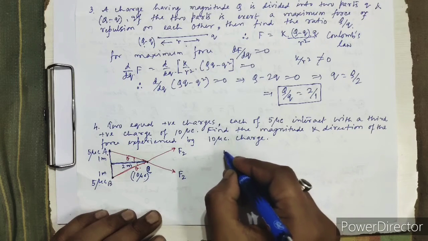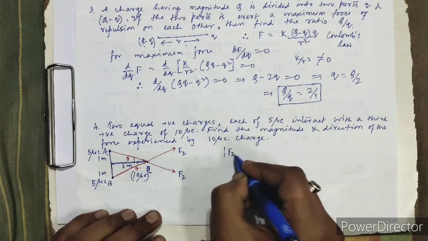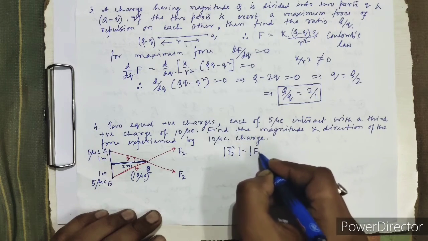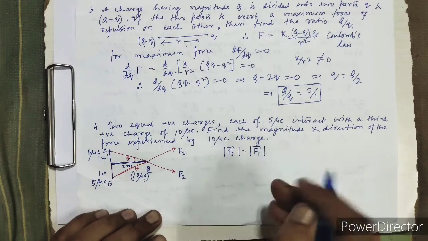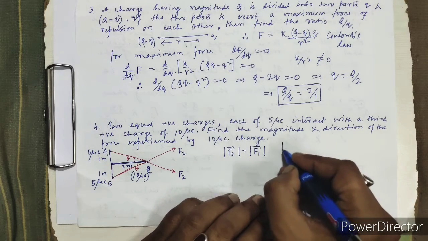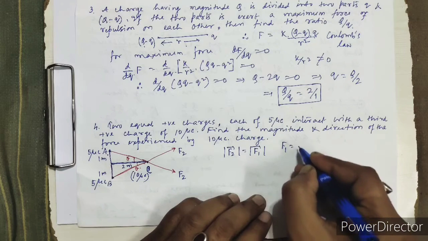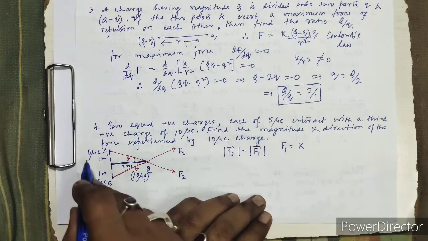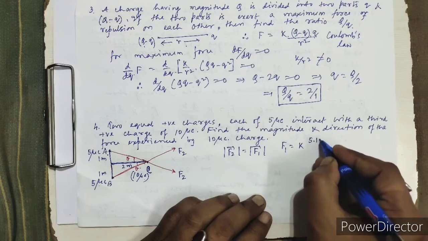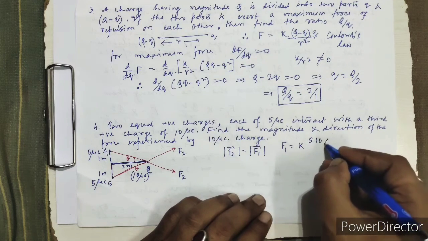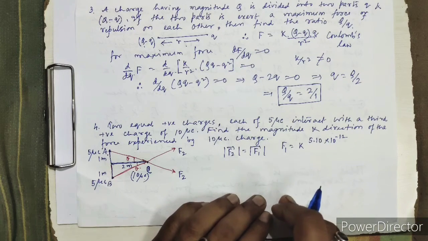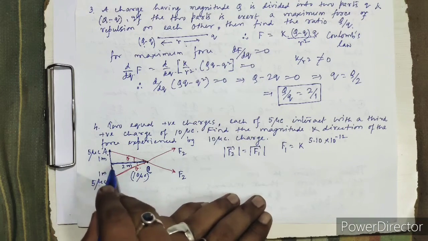the value of F2 equals the value of F1, because F1 equals K into 5 into 10 to the power minus 12, because both are microcoulomb, and this is 1, this is 2.